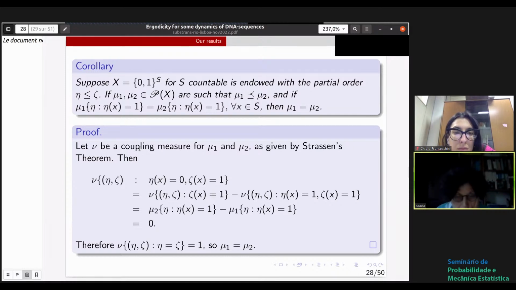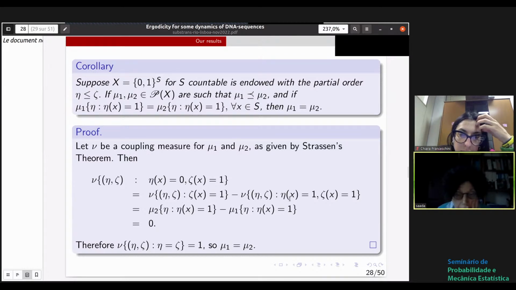You can get it for the first time, but there is a very simple proof. So we take a coupling measure for mu1 and mu2, and then we just compute the probability to have eta x equal 0 and zeta x equal 1. What does it mean? It means to have 1 for zeta and not to have 1 for eta. But to have 1 for zeta is just the marginal mu2.